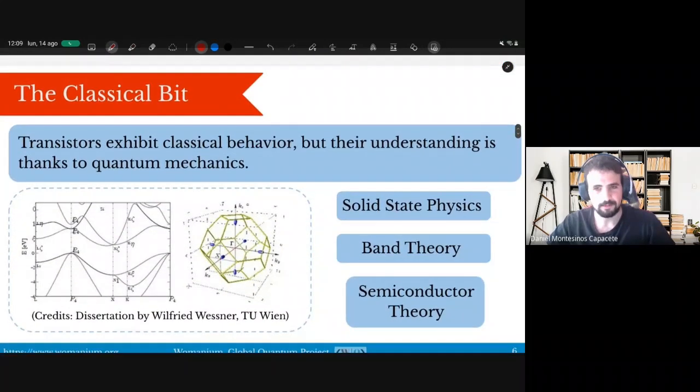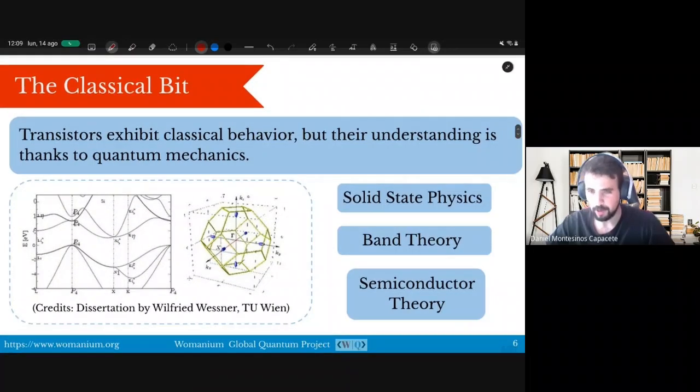But we're talking about the classical bit, right? We are saying that the transistor can be in the state zero or in the state one. But in order to properly understand the transistor, you have to go to quantum physics and quantum mechanics.